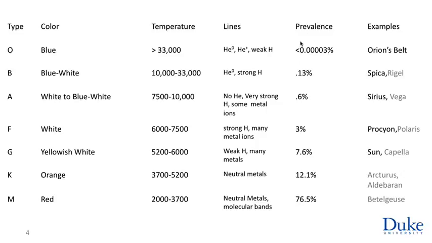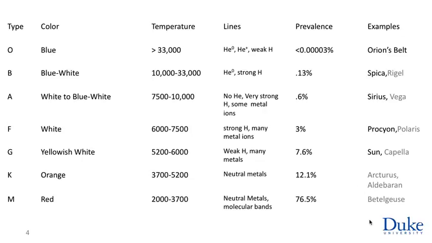This is their prevalence, and I should be careful: this is our understanding of the prevalence of this type of star among all stars. I'll explain why this needs some qualification, and note that it is precisely increasing as you go to cooler stars. The coolest M-type stars form three quarters of all known stars, whereas the O-type stars form a tiny, tiny fraction. The cooler the star is, the more likely it is to appear.